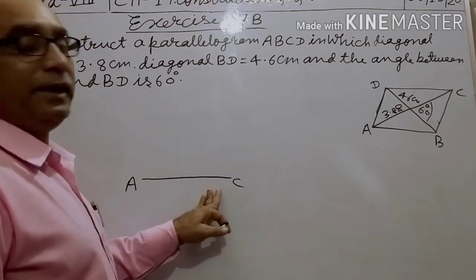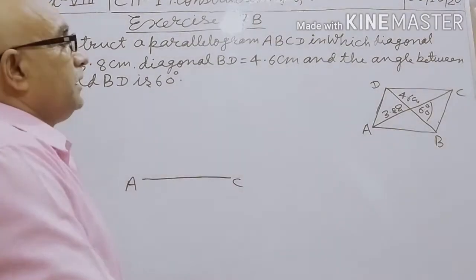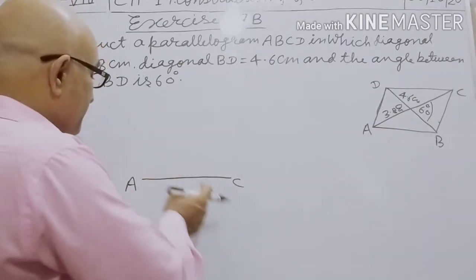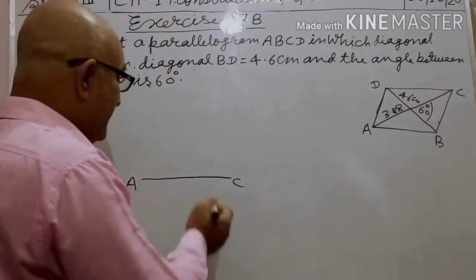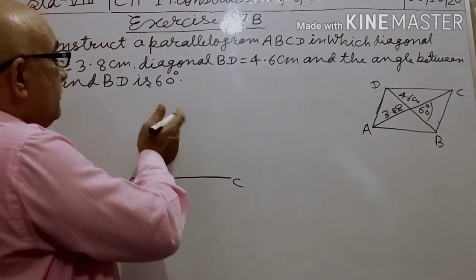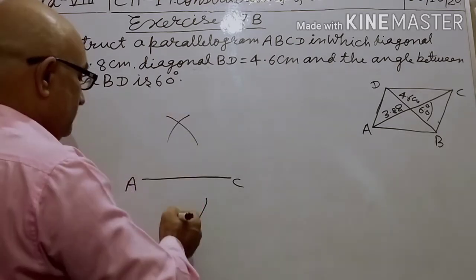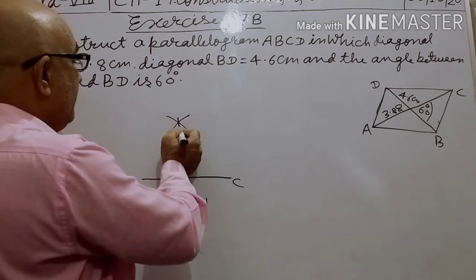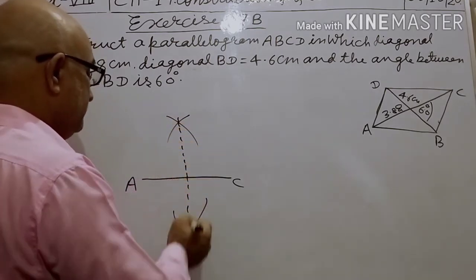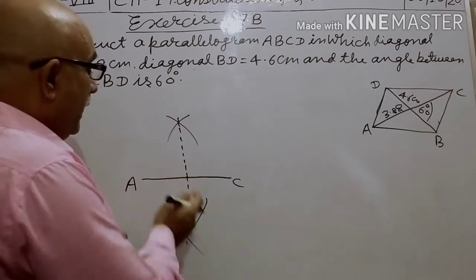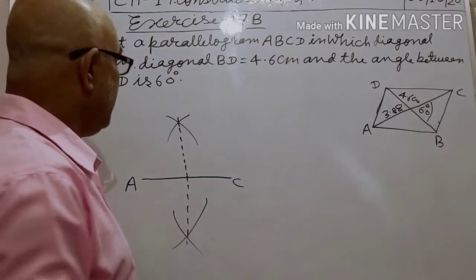Draw a line segment of 3.8 cm. Diagonals bisect each other. So on AC, draw a perpendicular bisector. Take an arc more than half and meet by false line here. Now the angle between diagonal AC and BD is 60 degree.